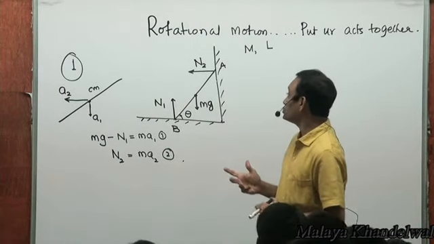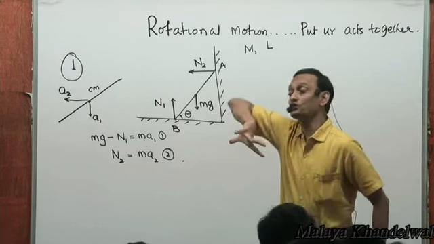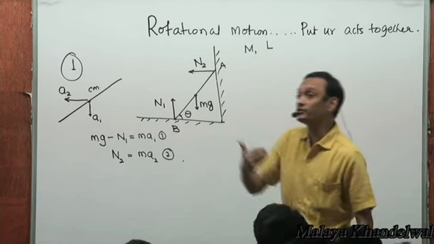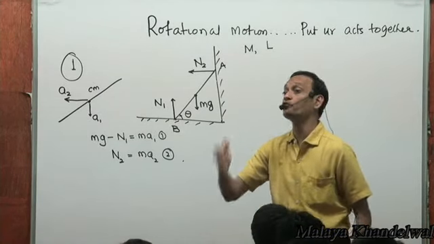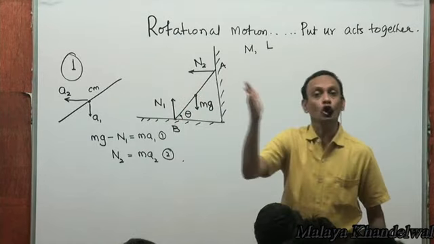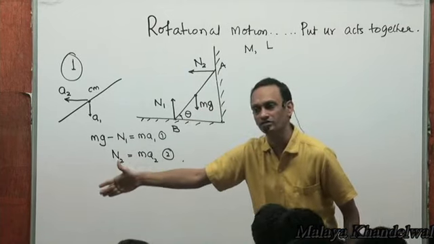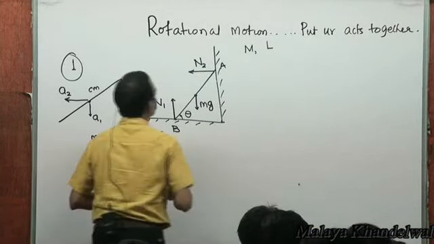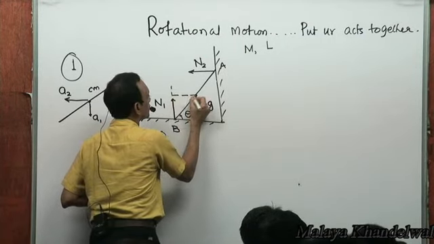Now, N1 and N2 produce a torque about the center of mass. That torque results in an angular acceleration, right? And about the center of mass, therefore, I'm eligible to apply tau equal to I alpha. Torque about the center of mass would be I about the center of mass into angular acceleration alpha. This is theta.